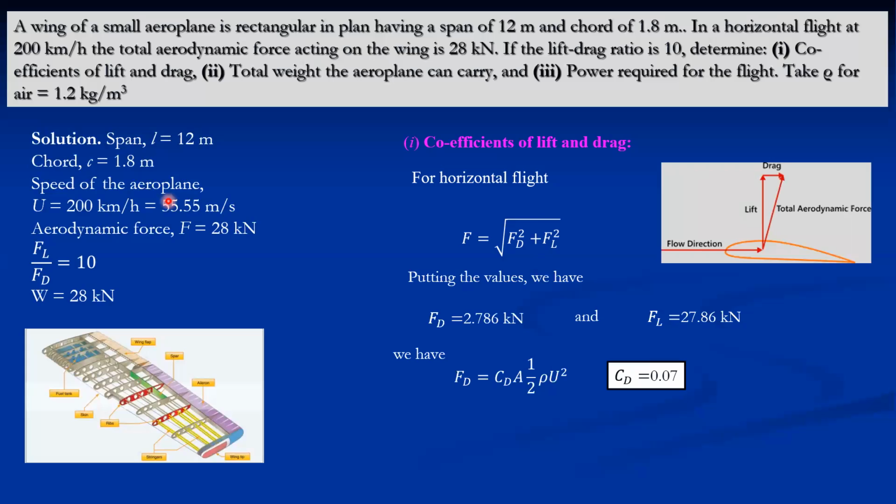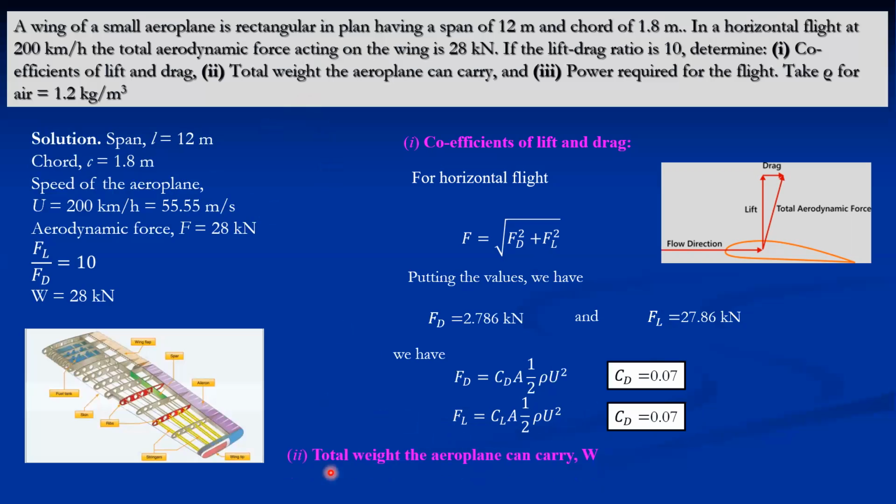We get a very low CD value, that is 0.07. Then the total weight FL, CL we can also calculate, but it is not required, so ignore this particular step. That is not asked.